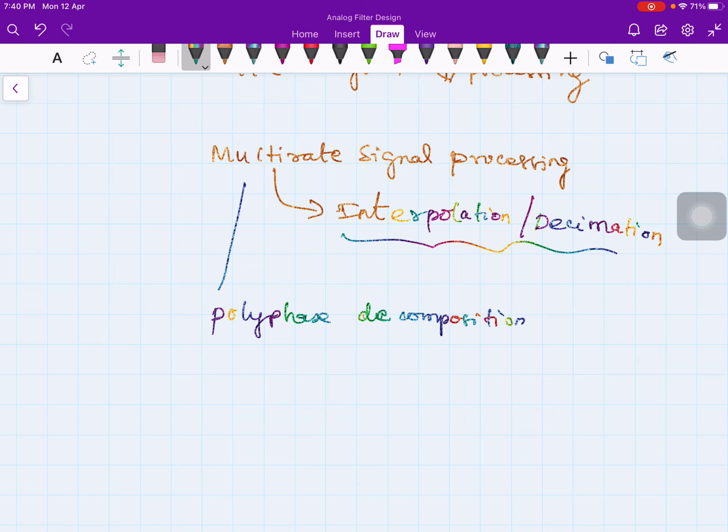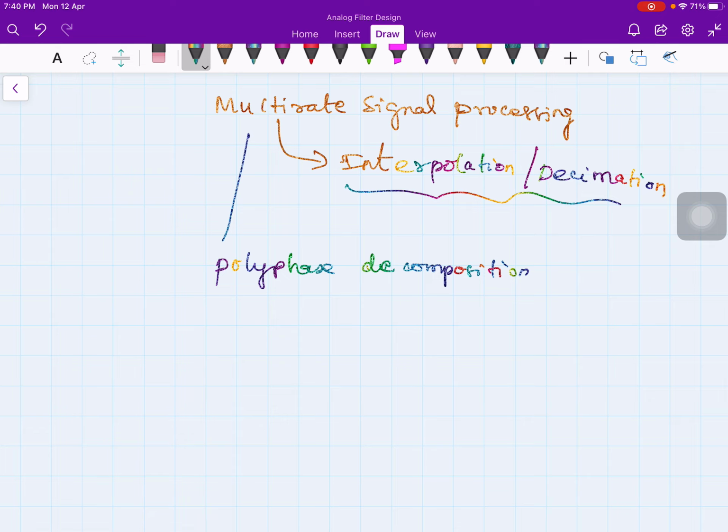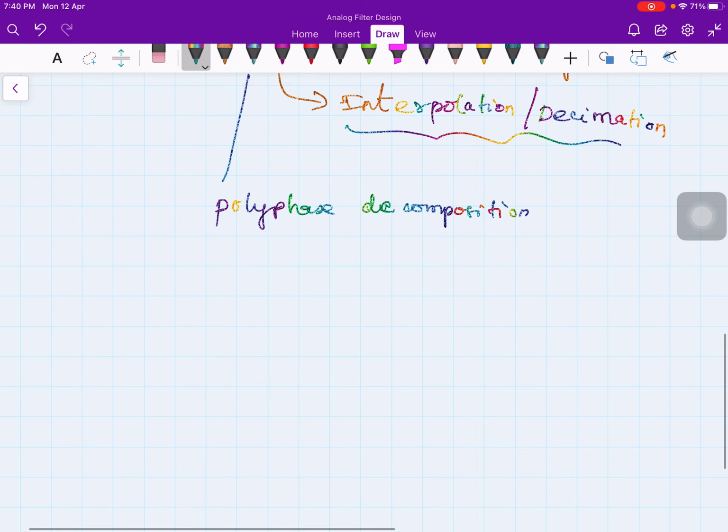So we will briefly touch upon this topic because it has become now an integral part of any programmable digital signal processor. This interpolation and decimation becomes a very important part in digital signal processing.